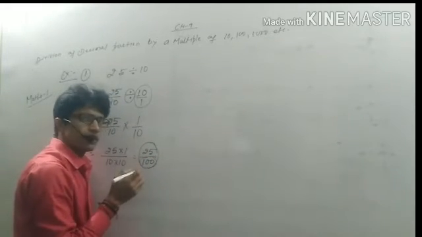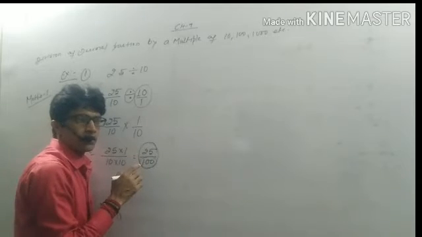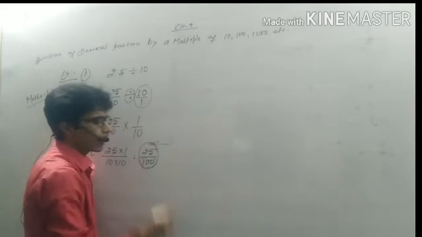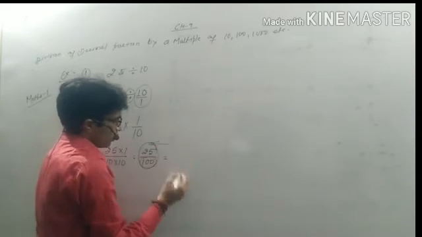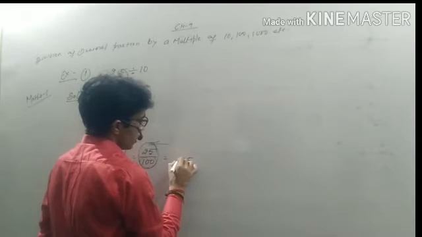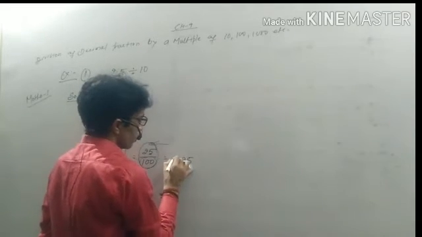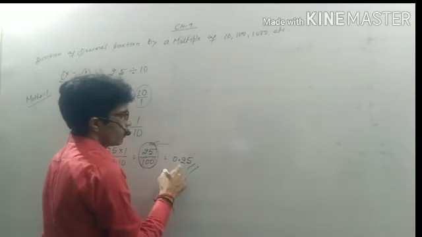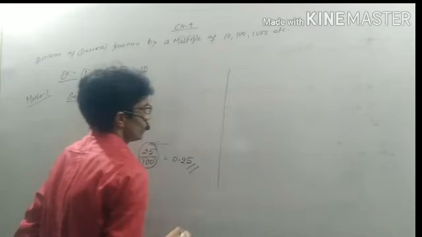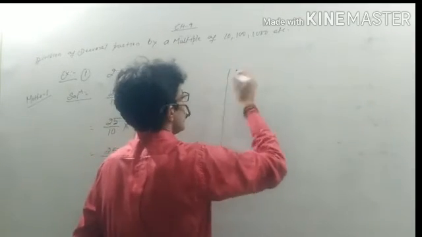So put the decimal in the numerator after 2 places from right to left. First place is 5, second place is 2, and put the decimal here. So our required answer is 0.25.